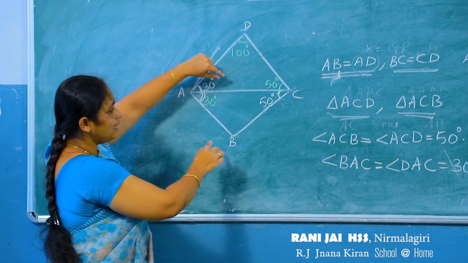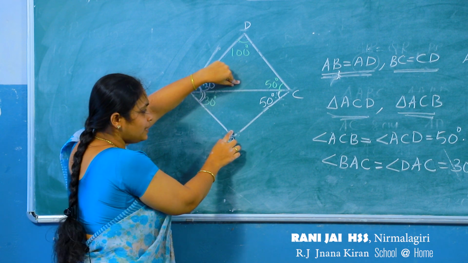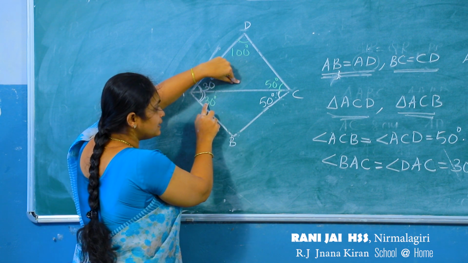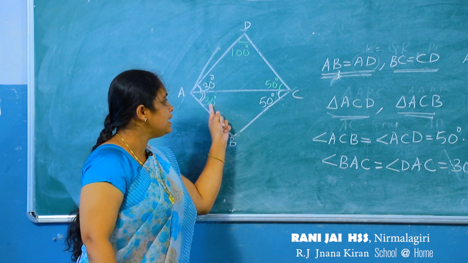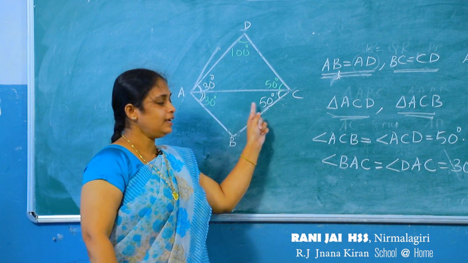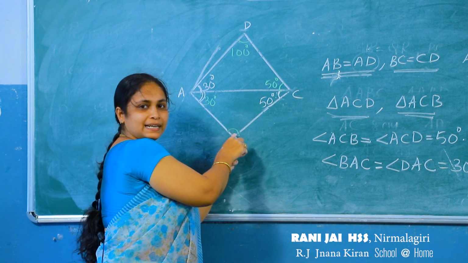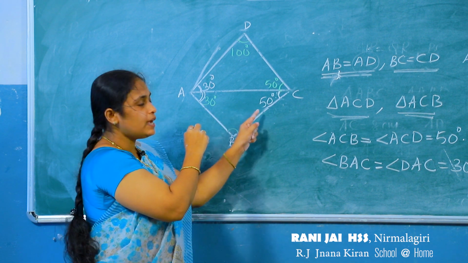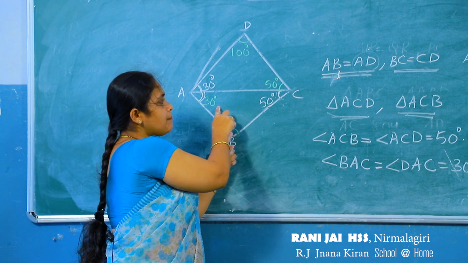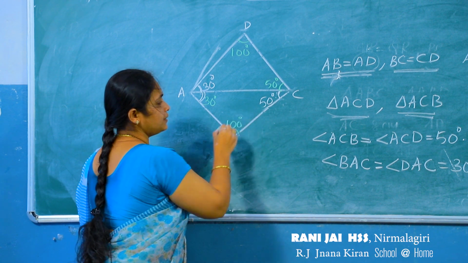Okay. Similarly, in this triangle, angle B, here the sum of these two angles, 30 degree, 50 degree. Therefore, for finding the third one, we can do 180 minus 30 plus 50, 30 plus 50 equal to 80, that is 180 minus 80 equal to 100 degree.